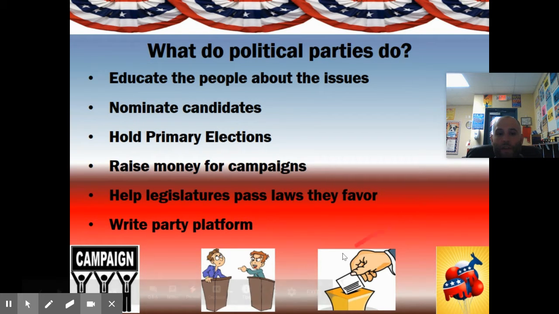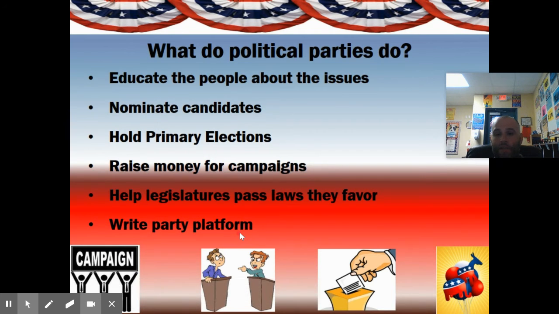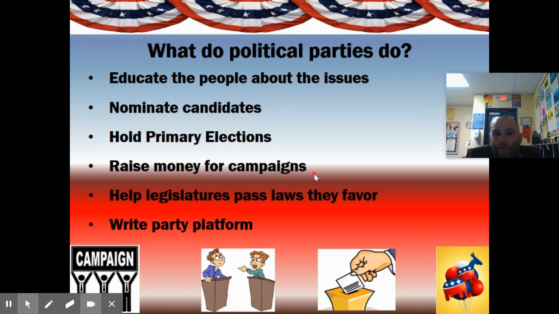Likewise with Republicans. And they also write the party platform. A party platform is a document that lists all the beliefs of that political party. So what do political parties do? They educate people on issues that are important. They nominate candidates, raise money for the candidates, and try and get those candidates elected. Once those candidates are elected for a political party, they try and get those candidates to pass.